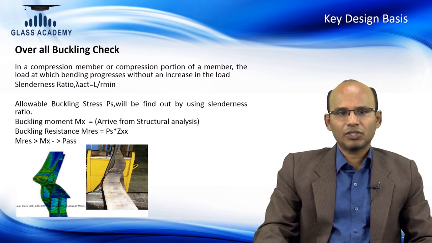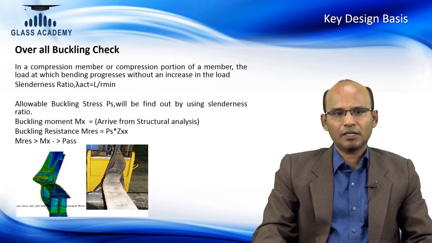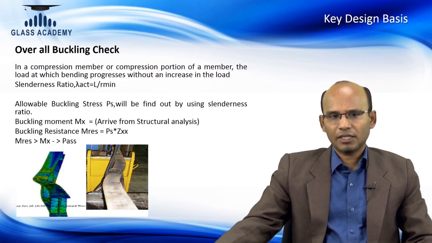If the slenderness ratio is very small, then it is critical to check buckling. Similar to the steel I-beam design, the buckling check has a different formula depending on whether it is a compact section, semi-compact, or slender element. Depending upon the aspect of this member, various formulas are given in analysis codes.